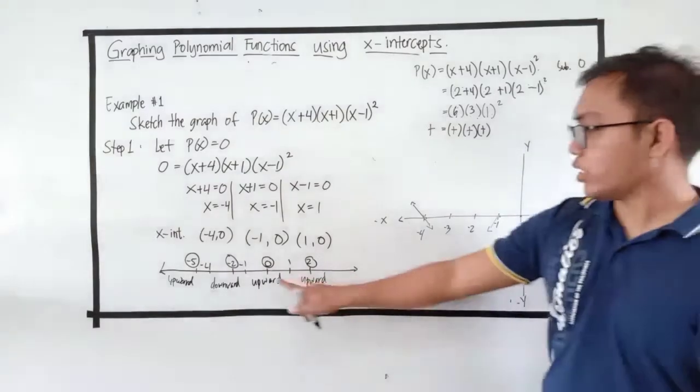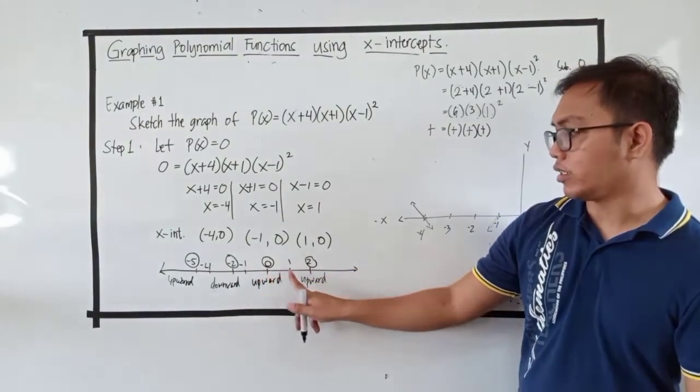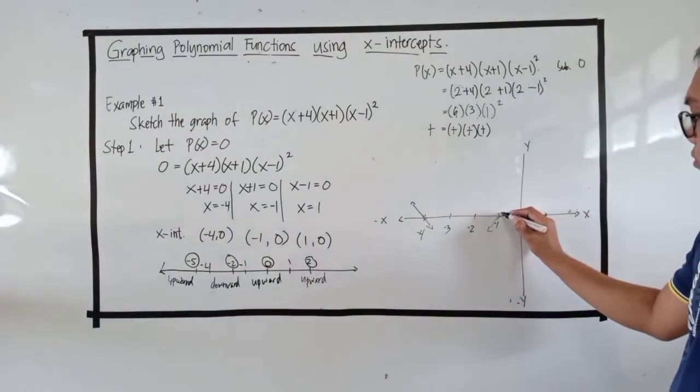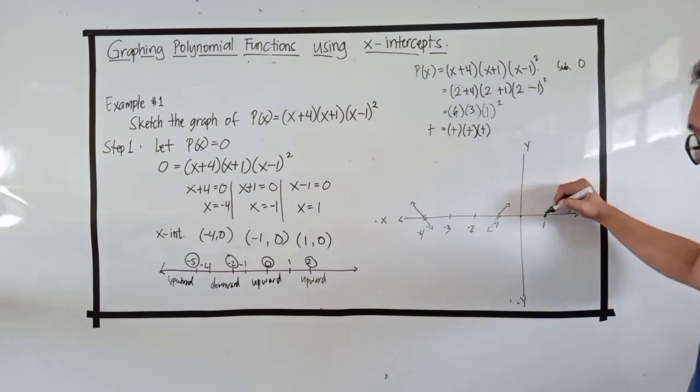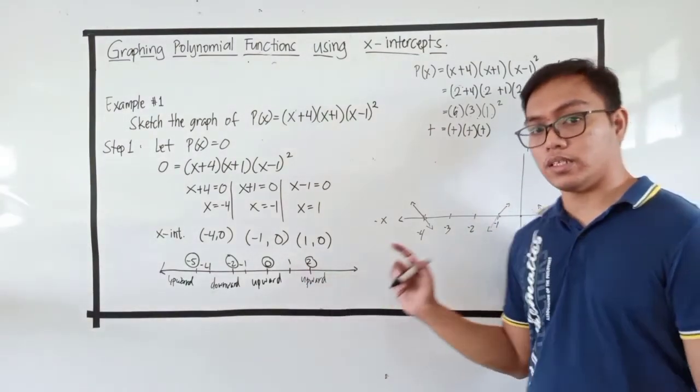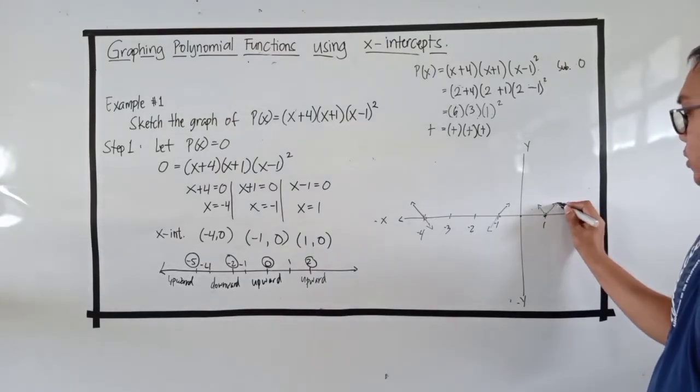Then, in between negative 1 and 1, upward. And on the right side of 1, it is upward.